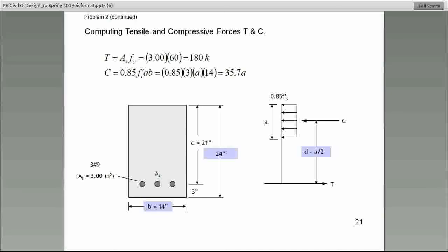Once you have the value, you have this sketch, we're going to calculate the value of T and the value of C. These are the loads, all right?